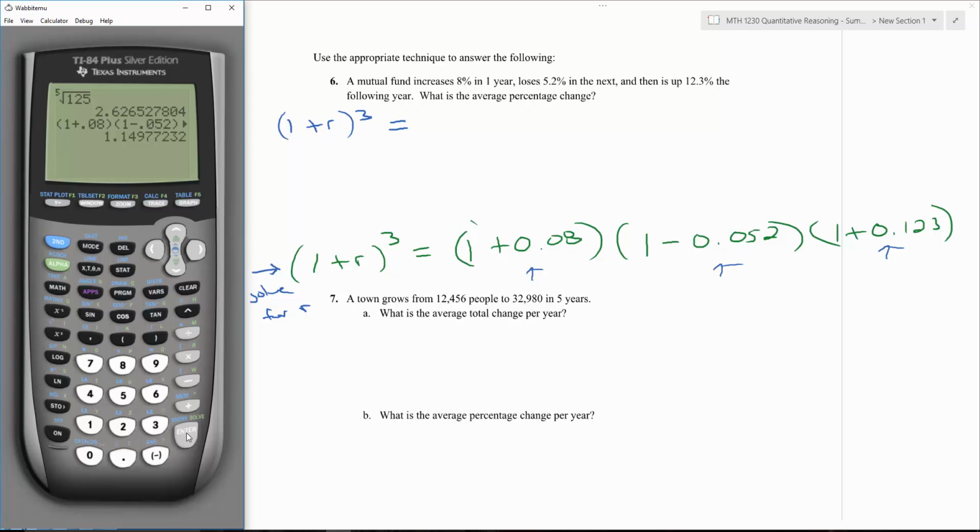Hit enter, and we get that value, 1.1497722.